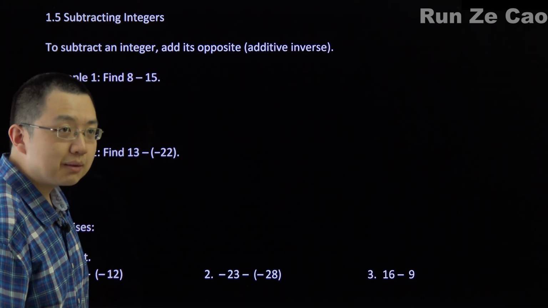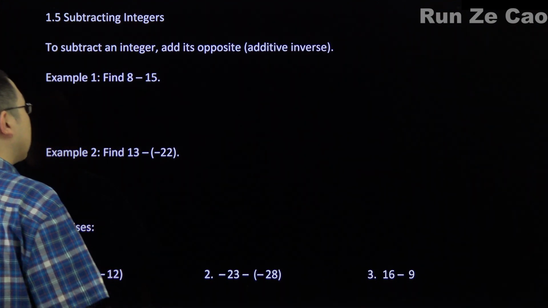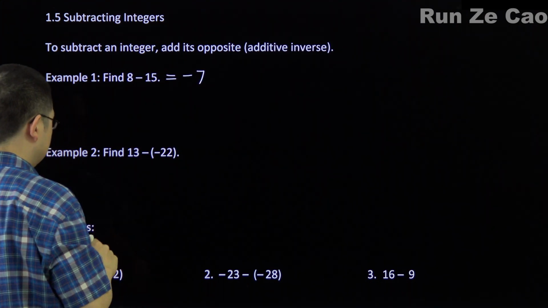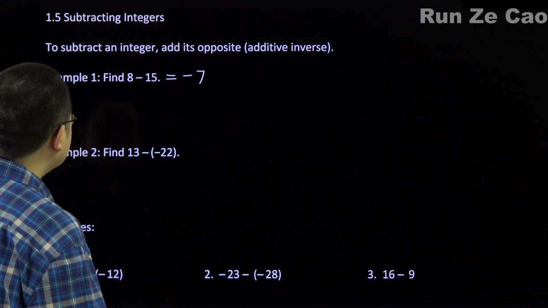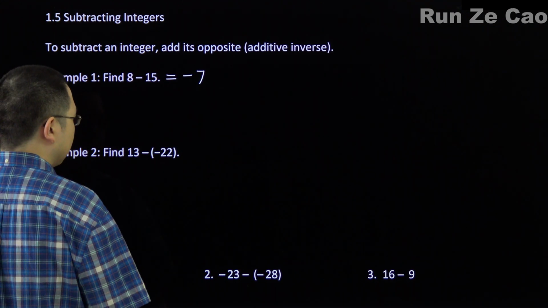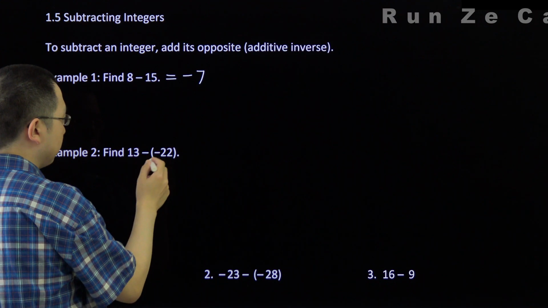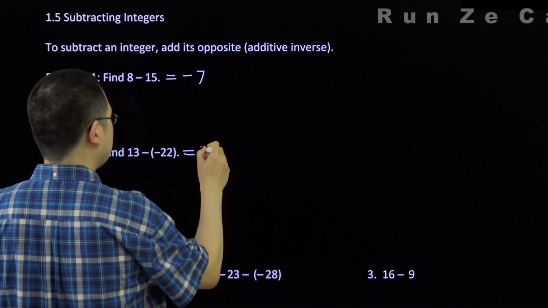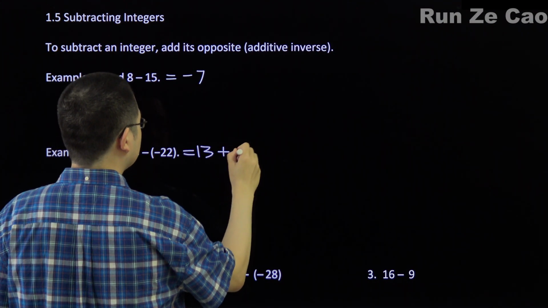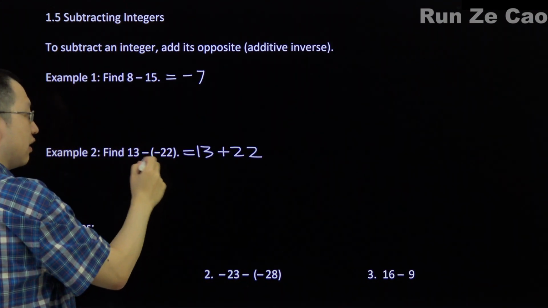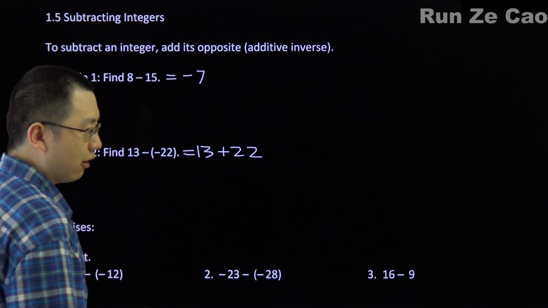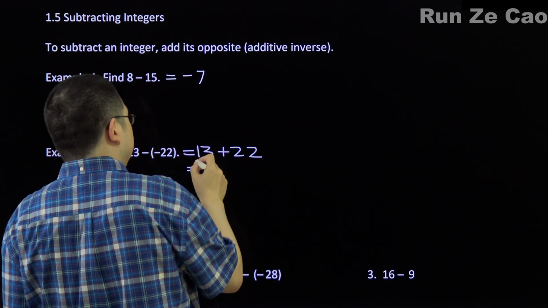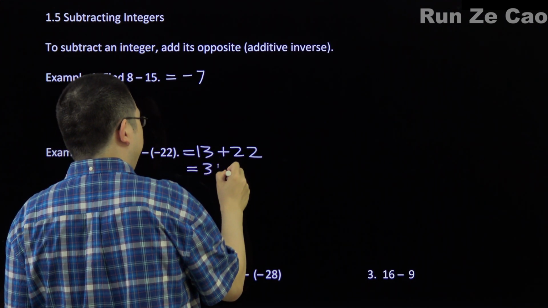And it would immediately be obvious that the 8's cancel, and then you get negative 7. Okay, find 13 minus negative 22. Well, that's also equal to 13 plus 22. The negative symbols here cancel each other out to make a positive. So this comes out to 35.